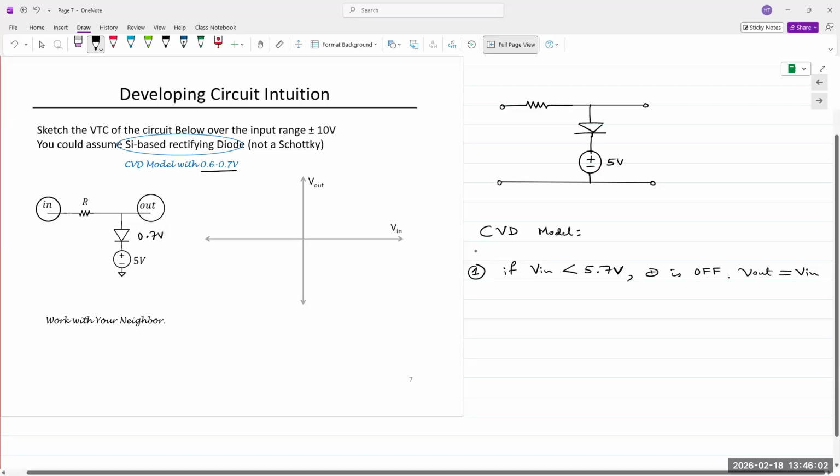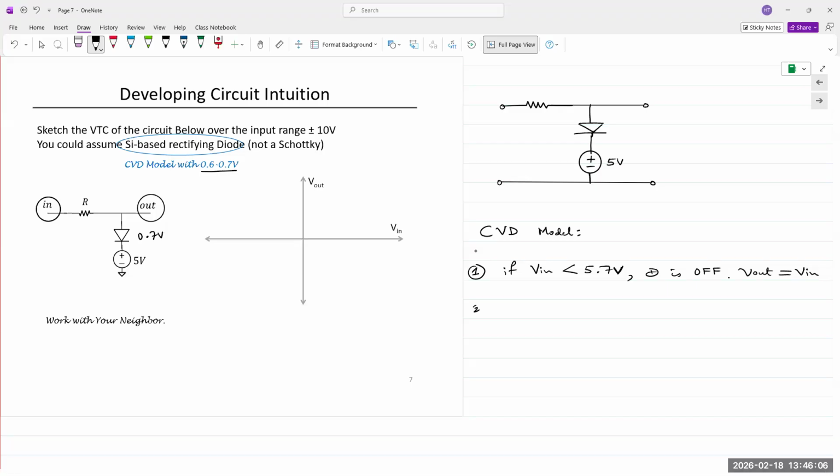So far, so good. Okay. Then the next case is if V in is greater than or equal to 5.7 volts, then diode D is on.